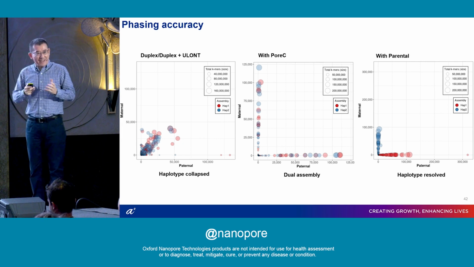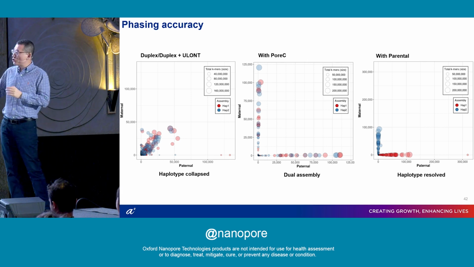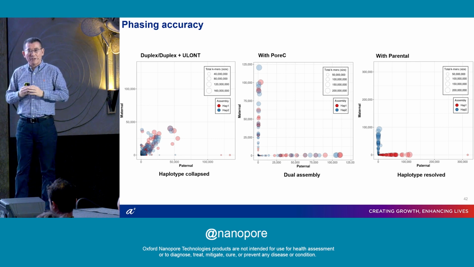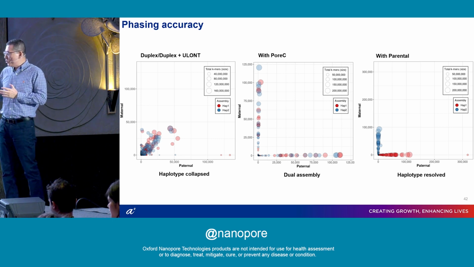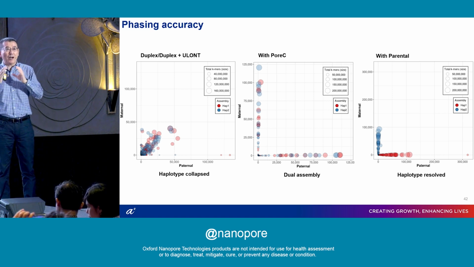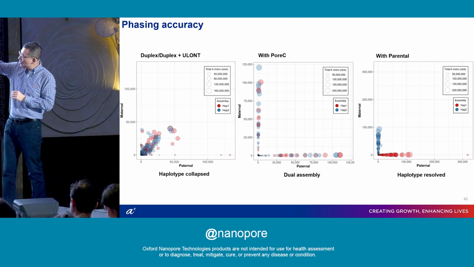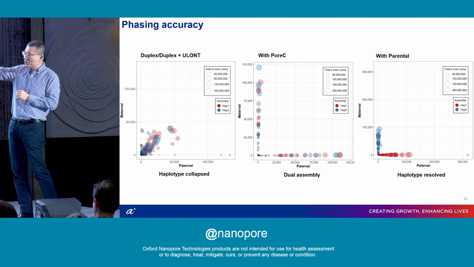This talks about phasing accuracy. Without so-called phasing assistance, if you just do direct de novo assembly with the duplex plus ultra-long reads, you can end up with so-called contigs where the reads come from both parents' chromosomes. You look at, because this is called the kmer plot, you look at the contig, right?